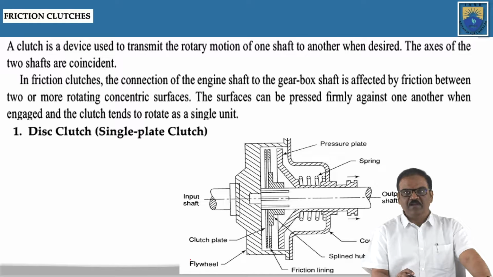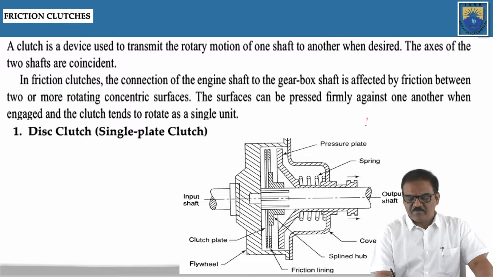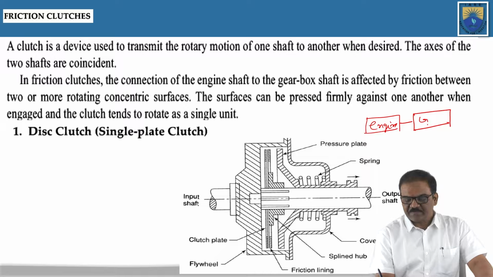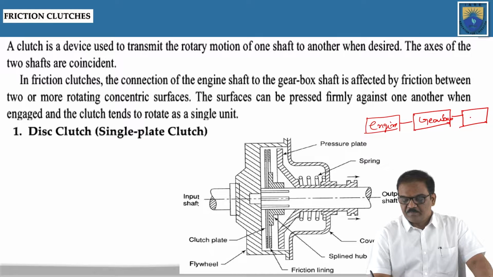in an automobile, particularly, we use clutches. The power transmission takes place, when you make block diagrams, from engine to gearbox to propeller.